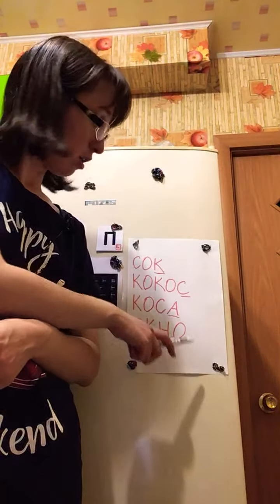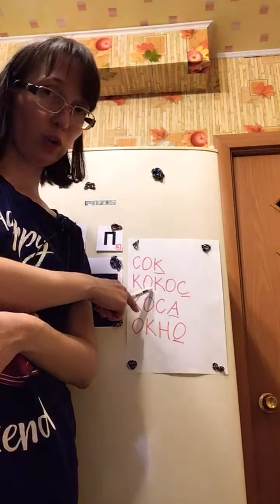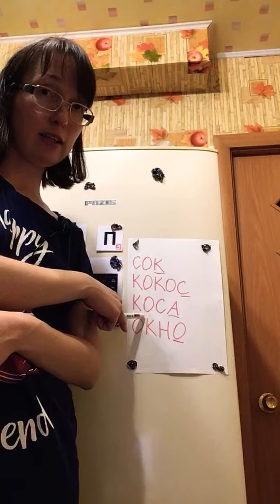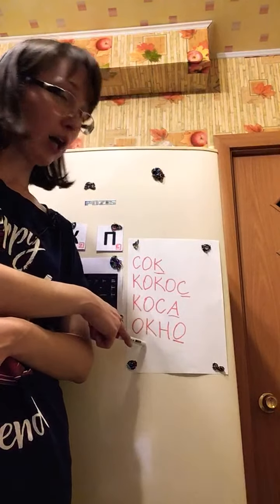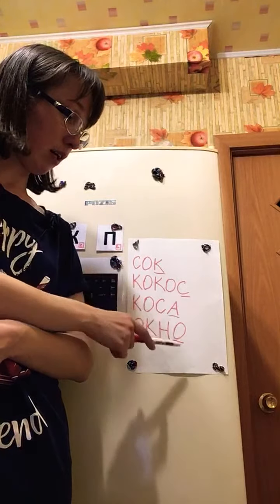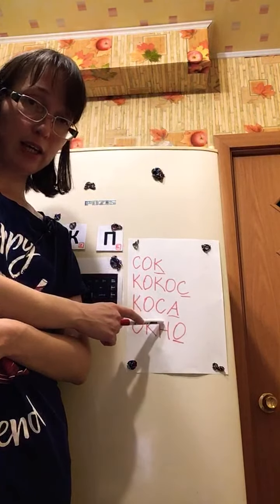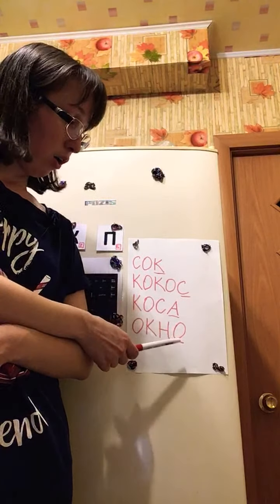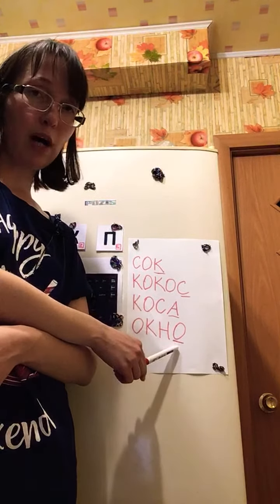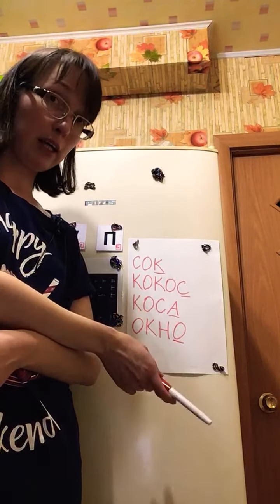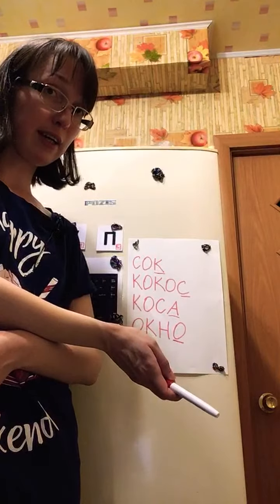So, сок, кокос are masculine. Коса is feminine. Окно is neuter. Also, there is one more letter for neuter nouns, but again, we didn't learn that letter yet.